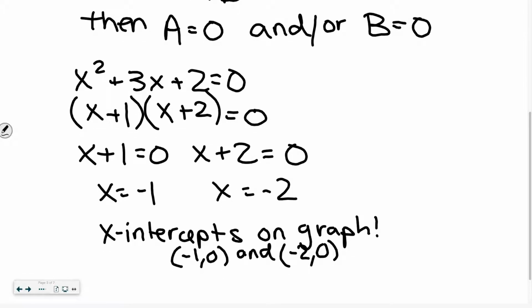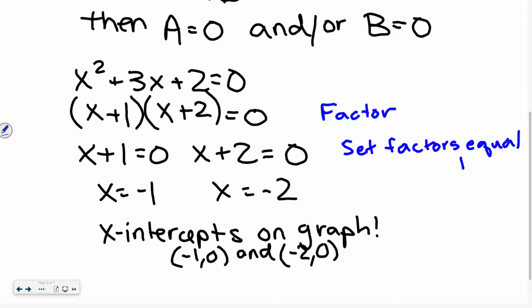So if you want to write down what you are doing: in the first step you factor. In the second step you set factors equal to 0. And then you solve for x.